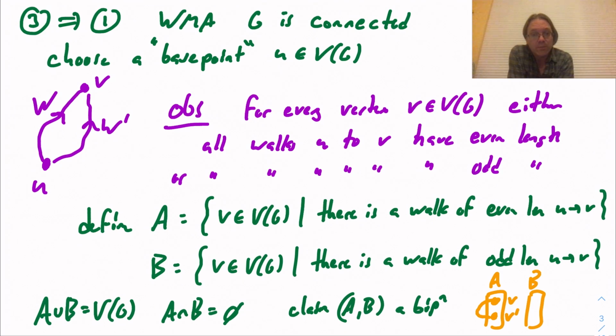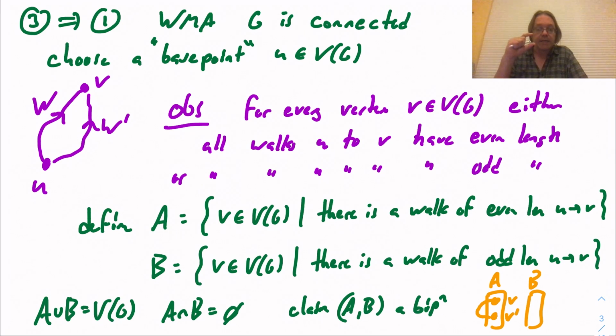That means that there's a walk from U to that vertex V of even length. What if you take that walk from U to V and you just append this little edge and walk to V prime? That's giving you a walk from U to V prime that's one step longer than our walk from U to V. If the walk from U to V was even, this one's going to be odd. And that contradicts the fact that V prime is also in A.